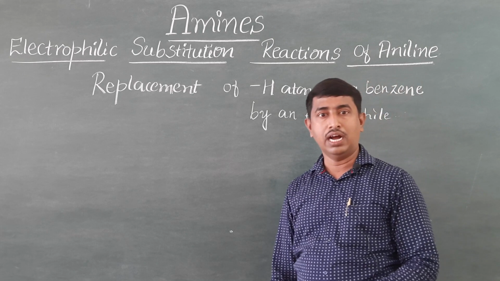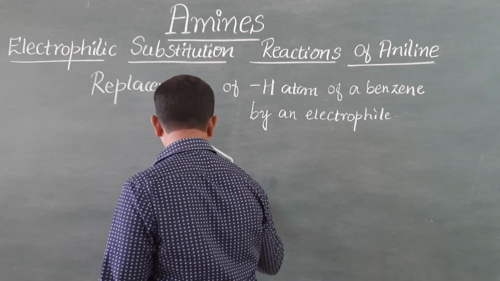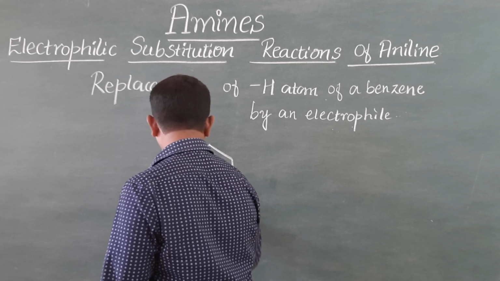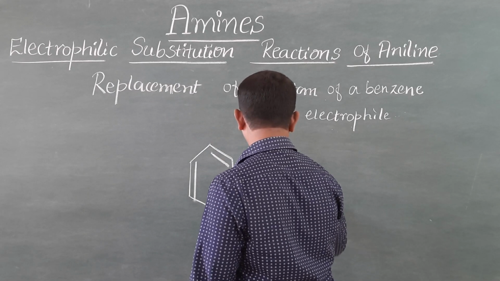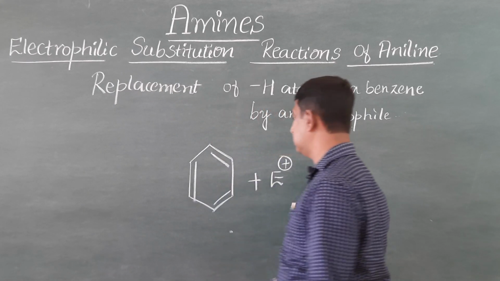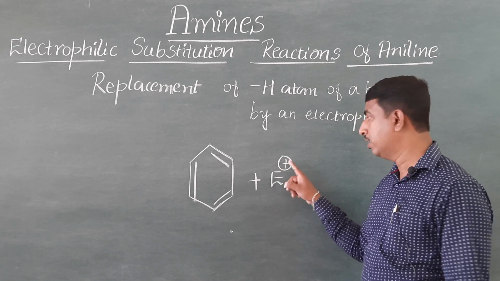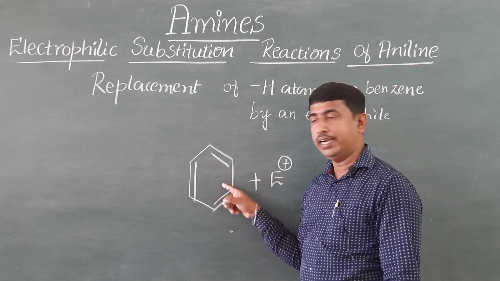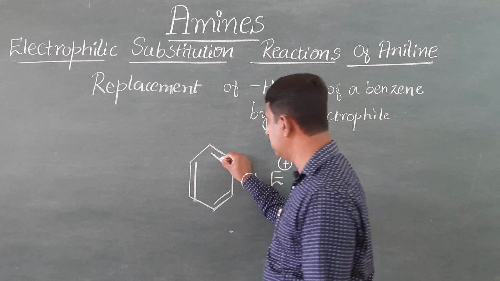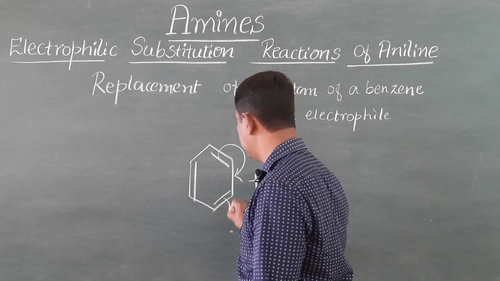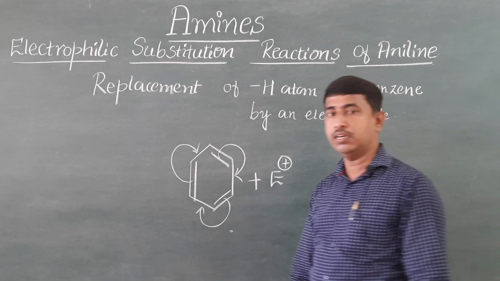See, benzene undergoes electrophilic substitution. To the benzene ring, electrophile will readily attack. Why? Generally we can write the electrophile as E plus. It carries positive charge and is electron deficient, so it can readily attack this hexagonal ring. Why? Because in benzene, pi electrons are involved in resonance.